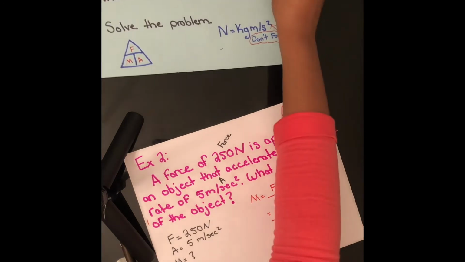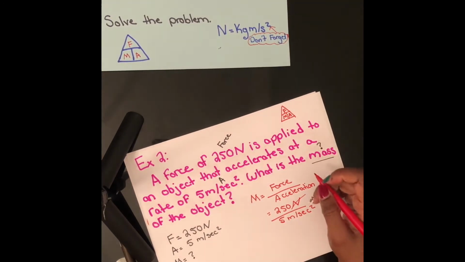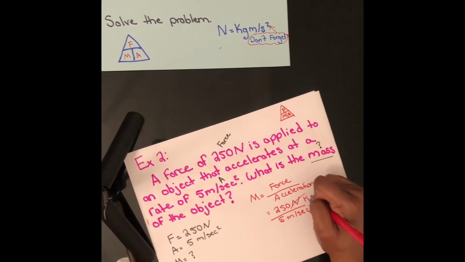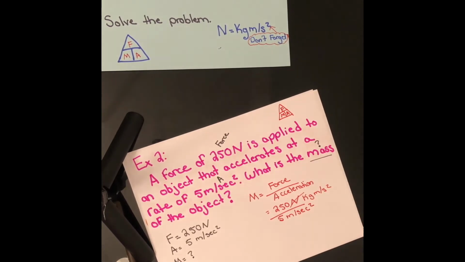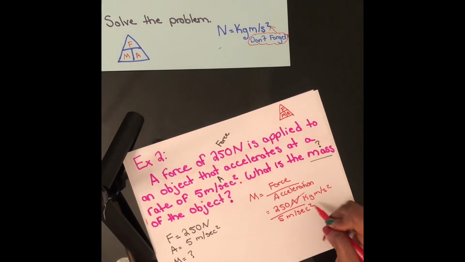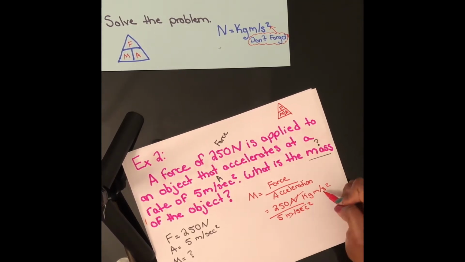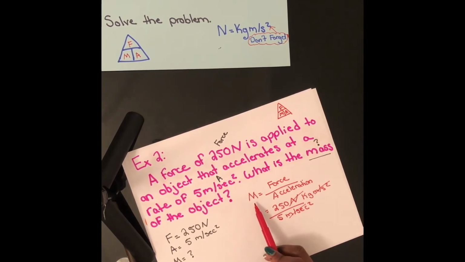So I'm just going to cross out that N and write kilogram per meter second squared. Now we can divide. I see that I have meters per second, so I'm going to cross that out. That leaves us with kilograms, and because we're solving for mass, kilograms sounds about right.